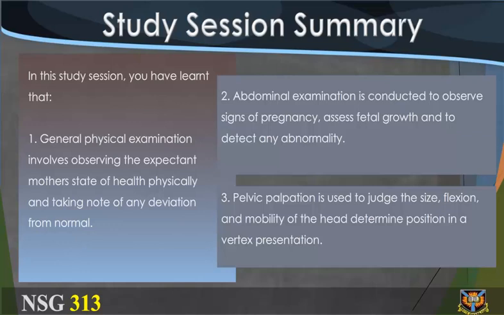Abdominal examination is conducted to observe signs of pregnancy, assess fetal growth, and to detect any abnormalities. 3. Pelvic palpation is used to judge the size, flexion, and mobility of the head, and determine position in a vertex presentation. End of study section 17.